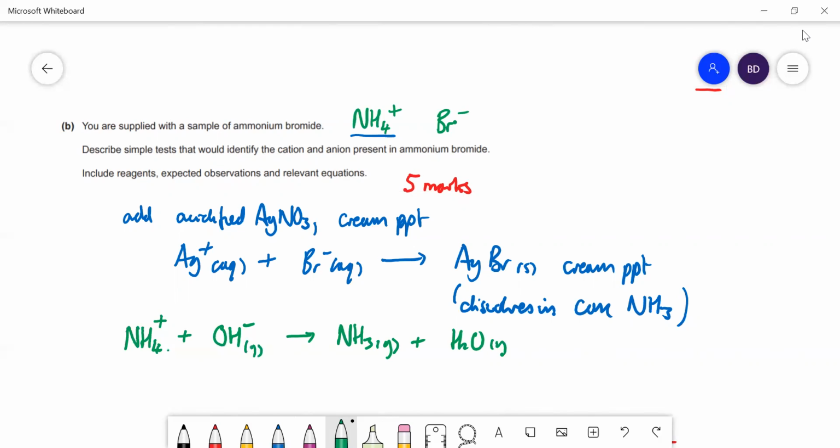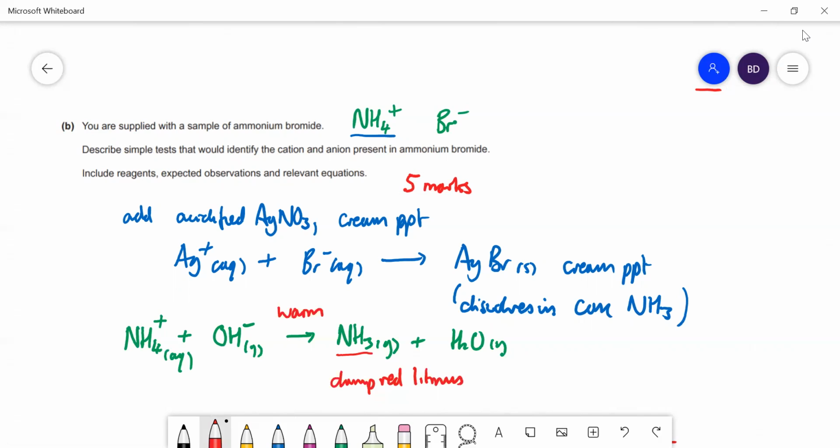Okay, so it is best also to warm that to make sure that reaction has happened. You warm it. And then you test for the presence of NH3 gas by using damp red litmus.